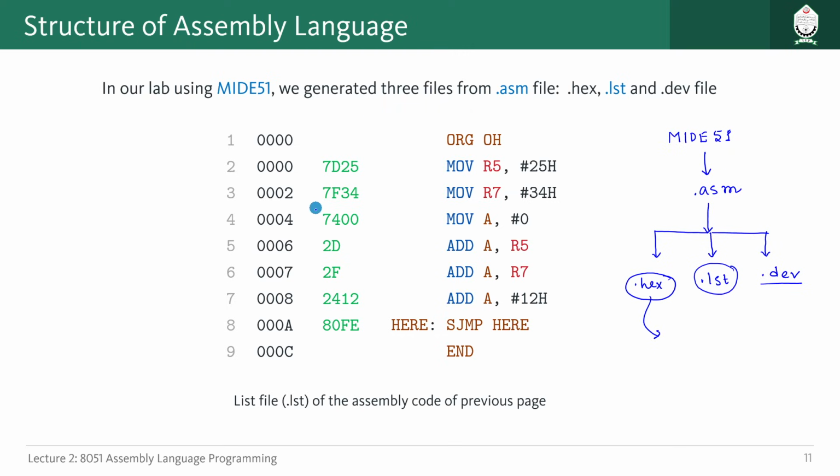And these are the memory locations of ROM. In these memory locations, in this way, the machine codes are saved onto the ROM of 8051. So that is the idea, right?